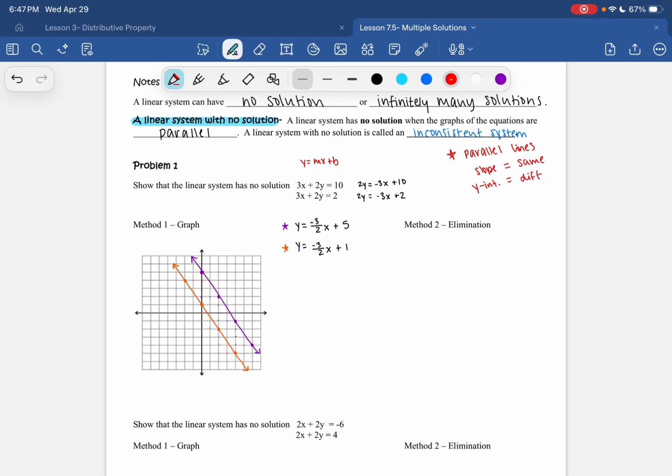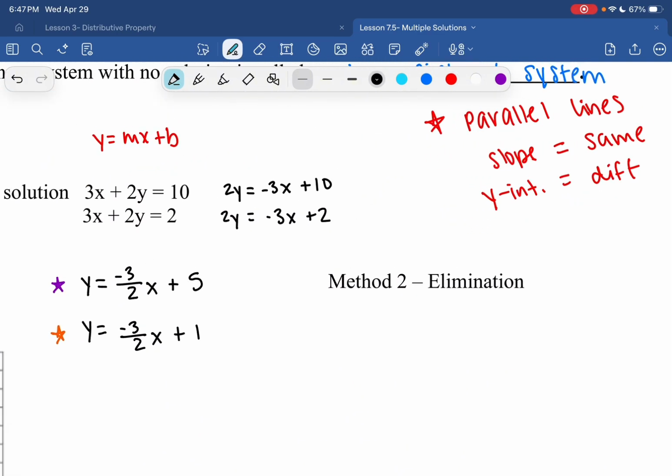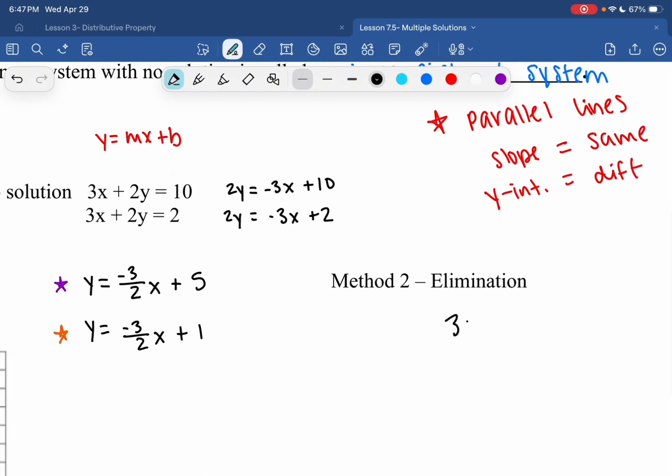Now, I'm going to show you 2 ways to solve. We're also going to be solving by elimination. So we did graphing, now we're going to do elimination, okay? So let's just rewrite our equations again so we don't get confused. We have 3x plus 2y equals 10, and then we also have 3x plus 2y equals 2.